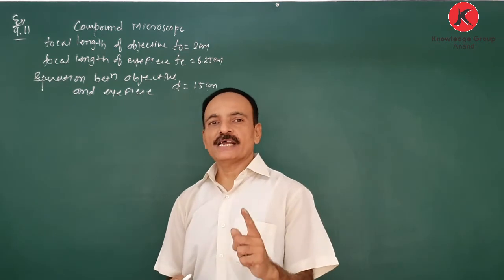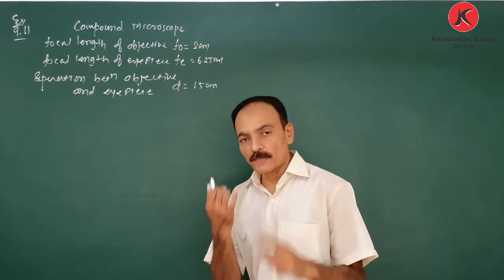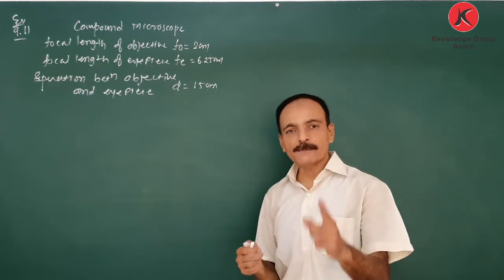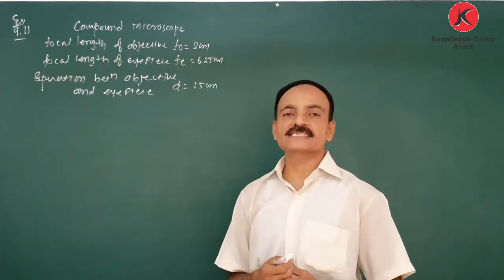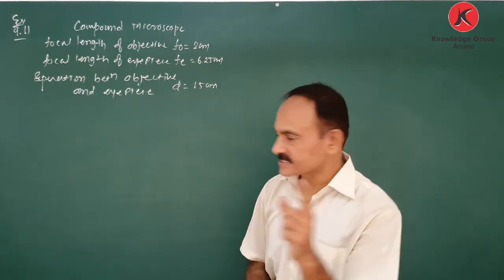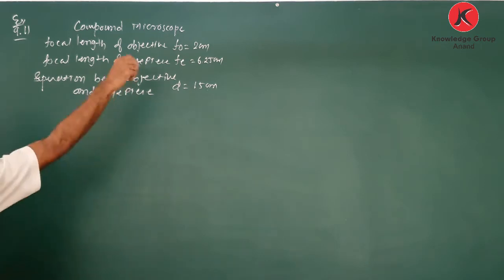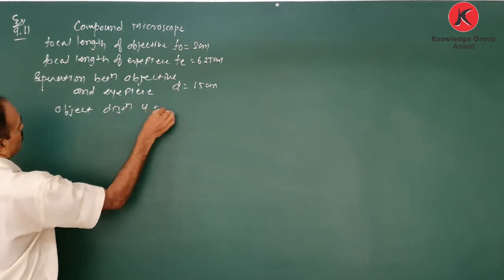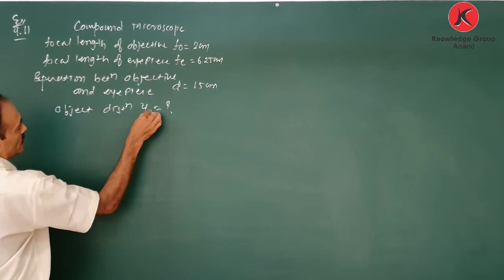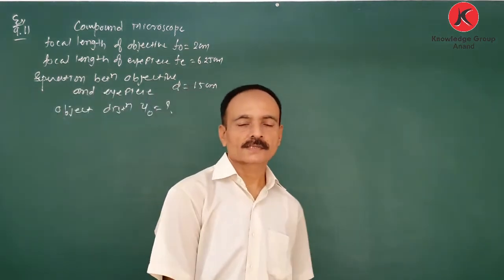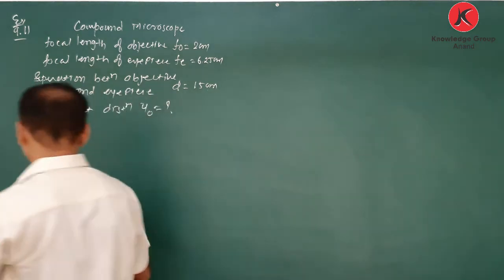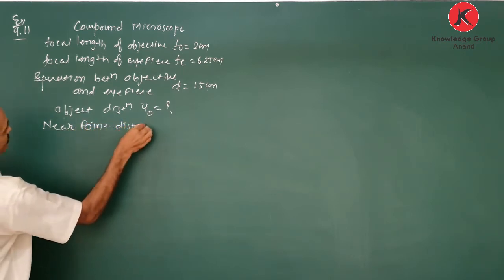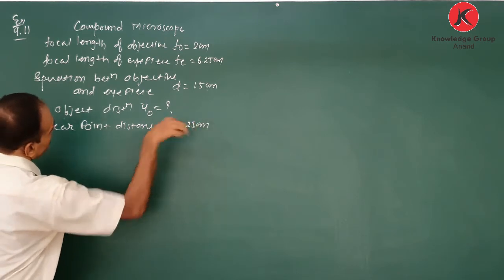So at which position from the objective should the object be placed to obtain the final image, first at the near point distance D equal to 25 centimeter and second at infinite distance? It means we have to find the object distance U0 from the objective, in both cases. The near point distance D is equal to 25 centimeter.